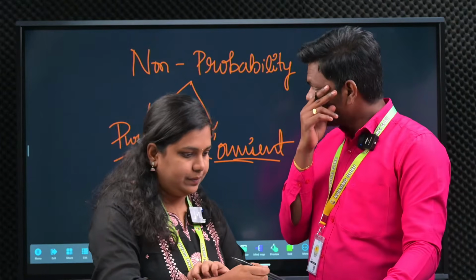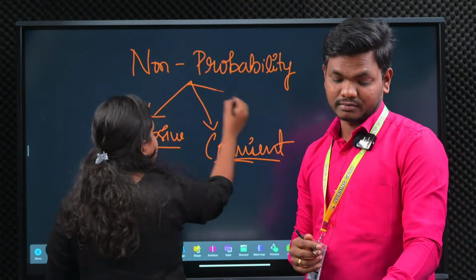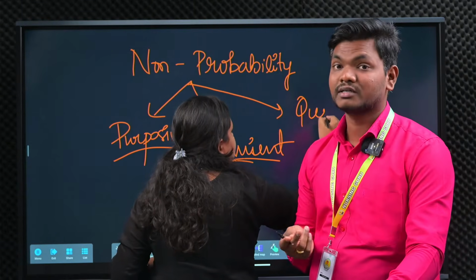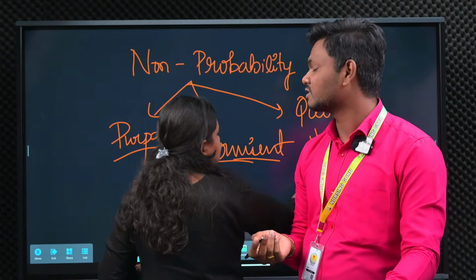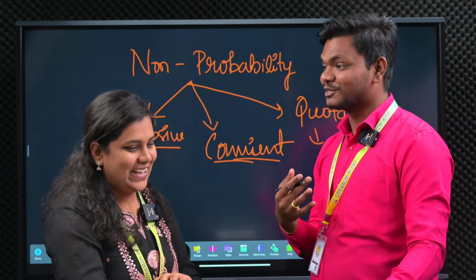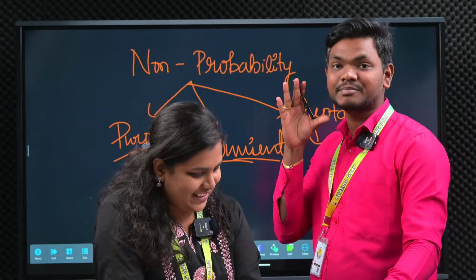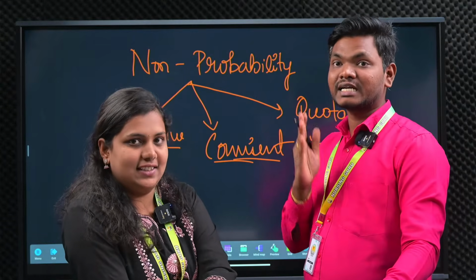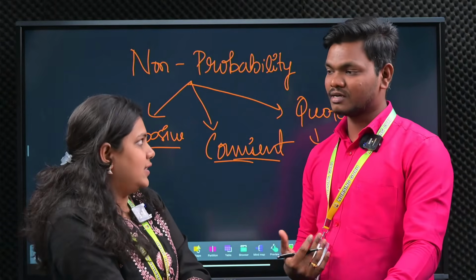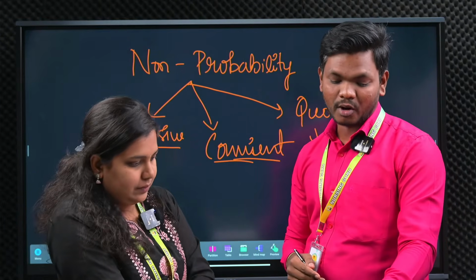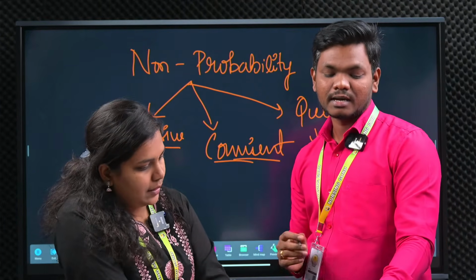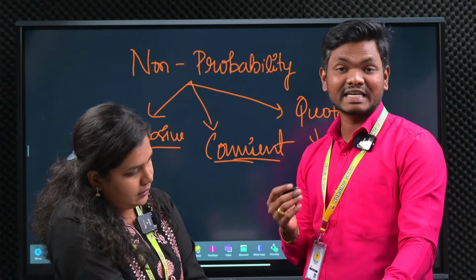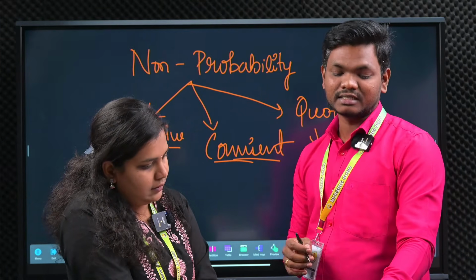The third one is quota sampling. The name itself says quota, correct? You would know this very well because some people would have got admission through quota. Some people are specifically selected and categorized for involvement in the process. The population is divided into subgroups and a quota is set for each subgroup.